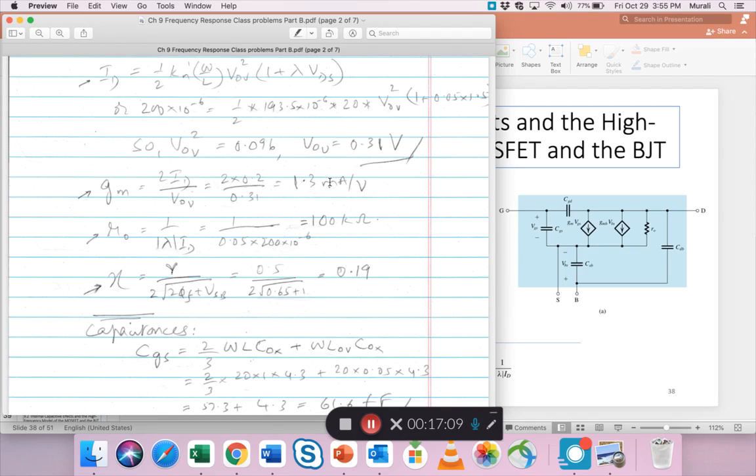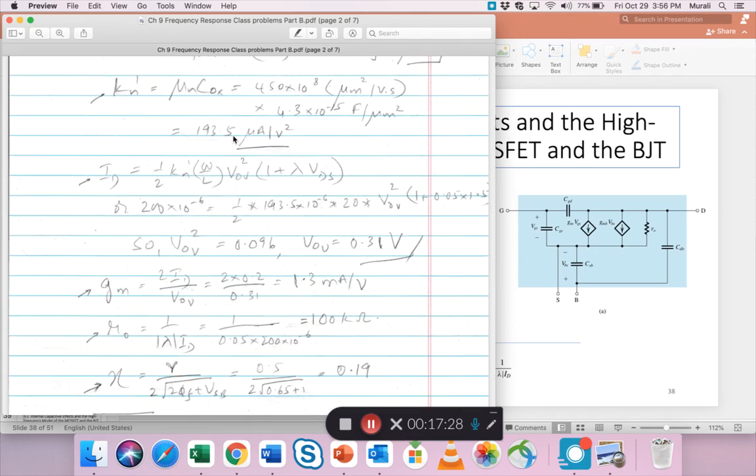So be sure you are familiar, and again I promise to only give you from the MOSFET formulas, not the BJT. So at least make sure you understand and you're comfortable doing these kind of calculations using these formulas for capacitance of MOSFET devices, both on the low frequency and the high frequency.